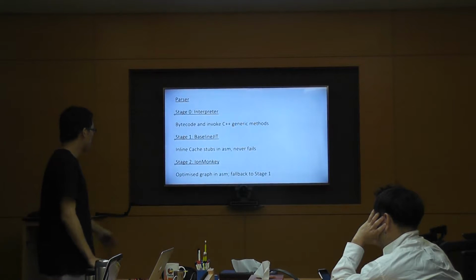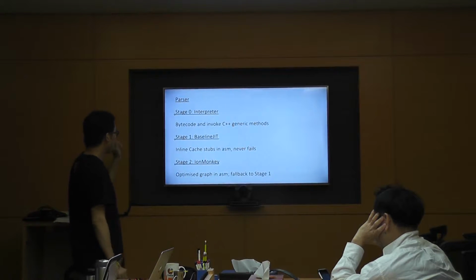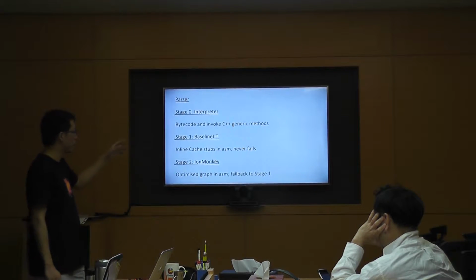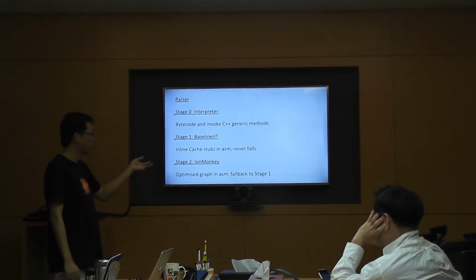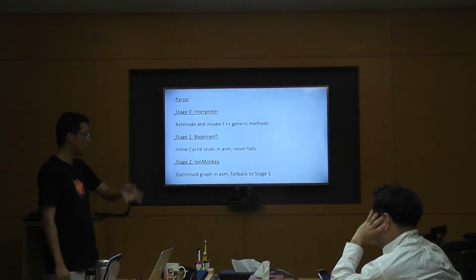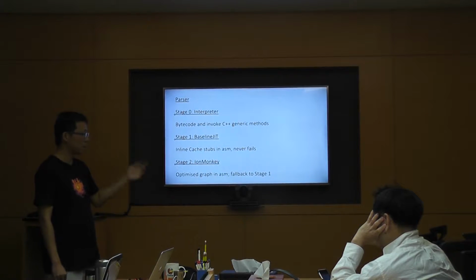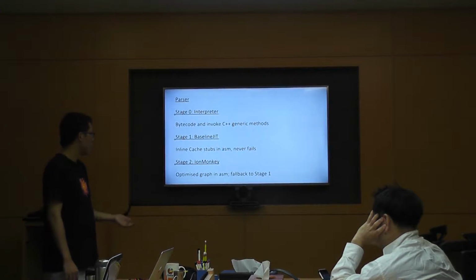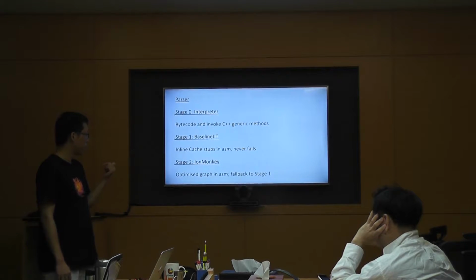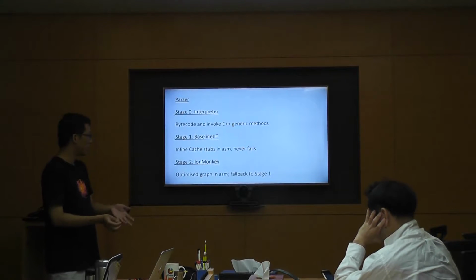So, back to the slide. The interpreter basically accepts the parsed bytecode and then invokes the C++ methods inside the engine. So it's slow, but it has the great responsibility that every bytecode corresponds to a C++ method that will be invoked immediately. And the baseline will try to compile some expressions or statements into assembly.